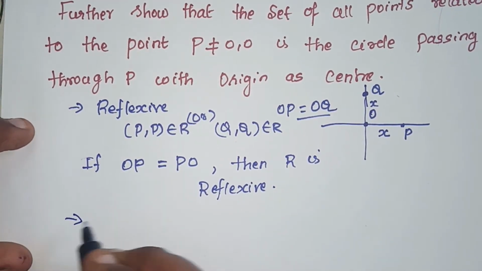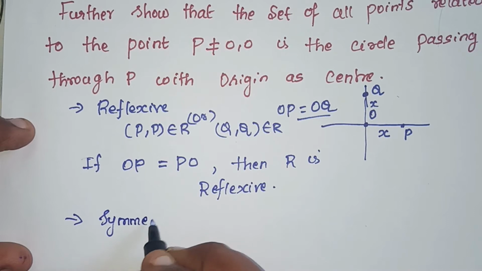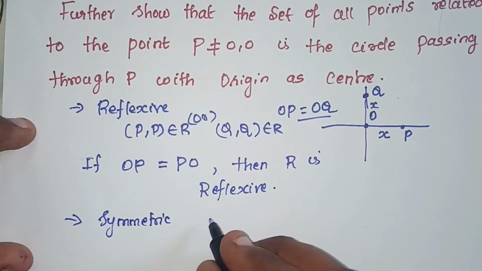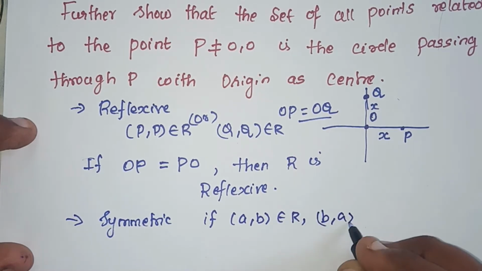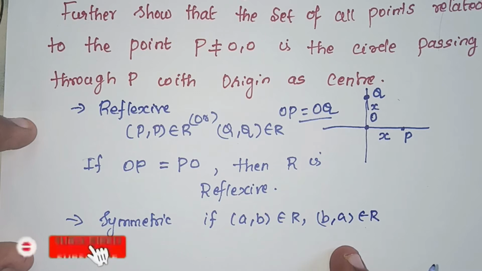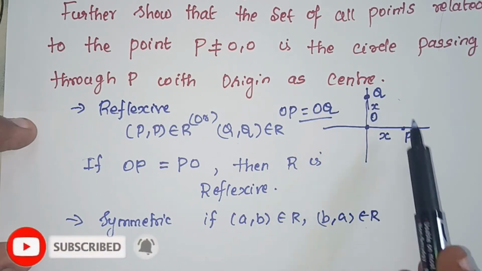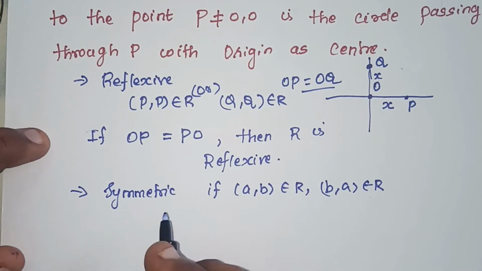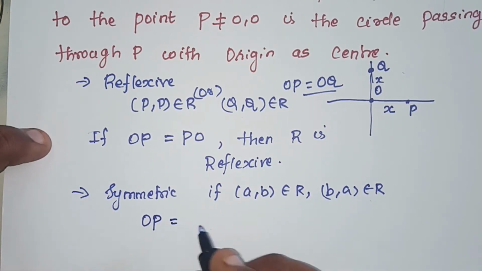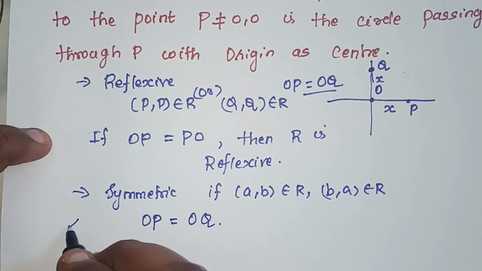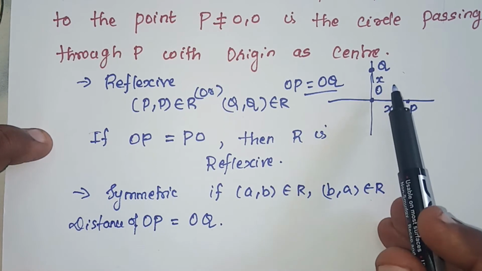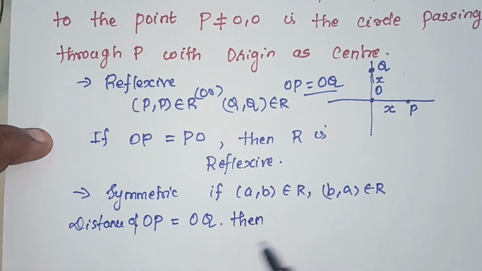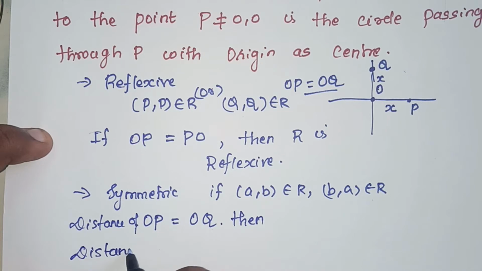Next we need to check the symmetric property. What is meant by the symmetric property? If (A, B) belongs to the relation, then (B, A) also belongs to the relation. This is the symmetric property. Here there are 2 points, P and Q. If it is symmetric, then if OP is equal to OQ, then OQ is equal to OP.